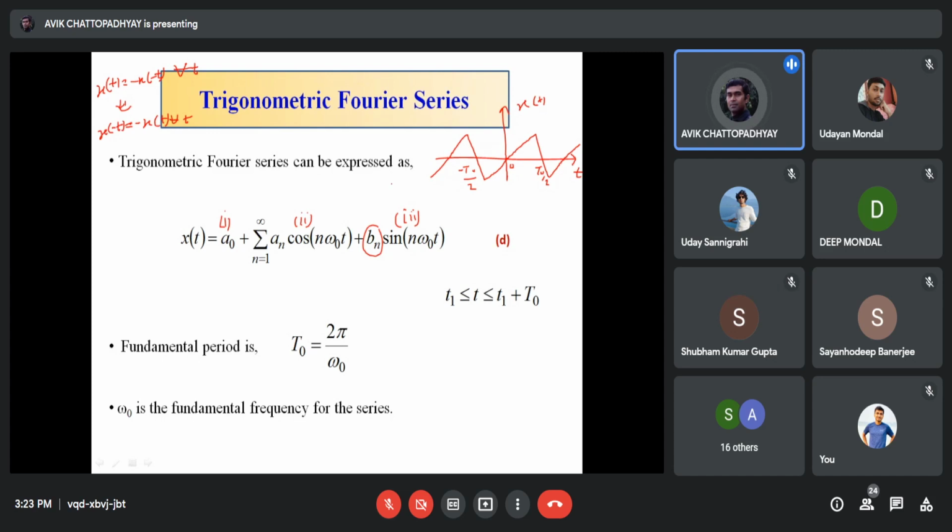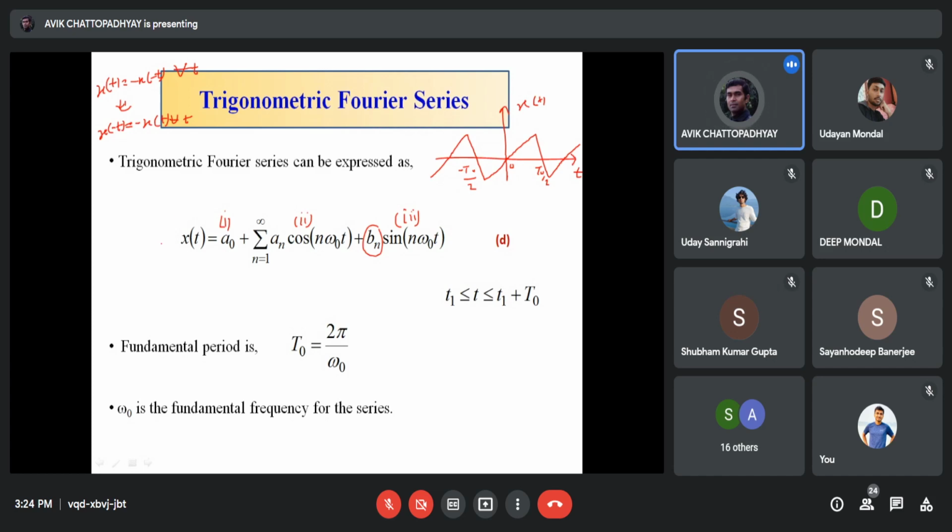When you decompose, this function cannot be there because it provides the even property, and these functions cannot be there because they are even functions. So the only functions that can be there are the sine terms, because they are odd by nature.